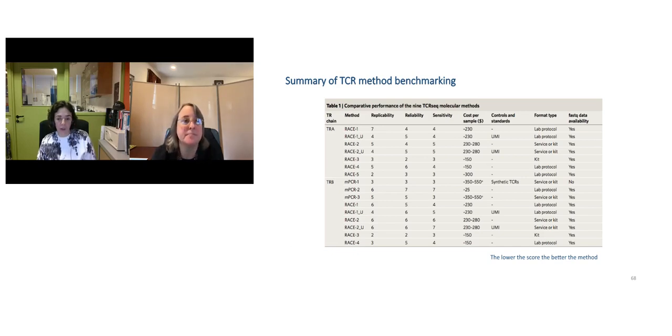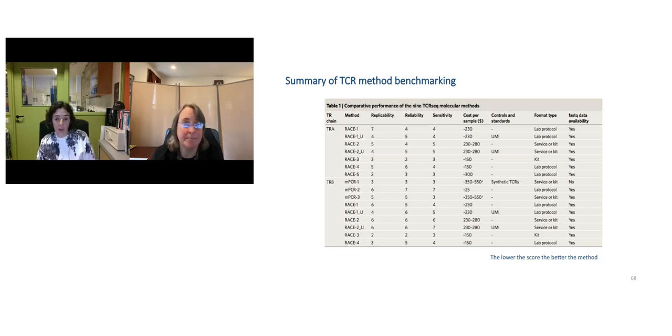So the summary of this study was that depending on the chain that you are using, you can have different scores of replicability, so the capacity of the method to give the same result several times, the reliability, having some different parameters, notably the gene usage, etc., that were correct between your method and what you would expect, and the sensitivity, the capacity of each method to identify rare rearrangements in the whole data set.